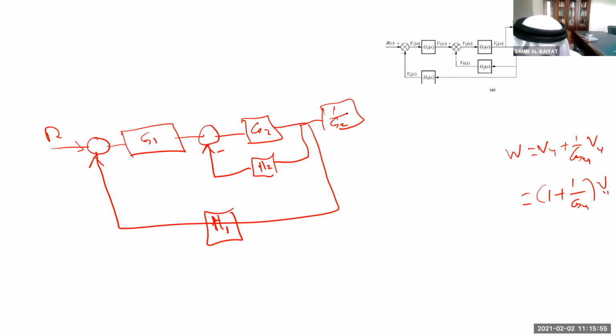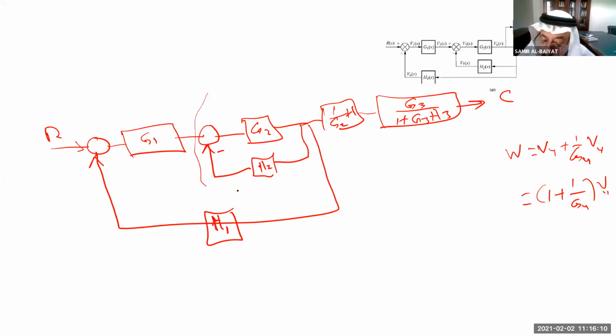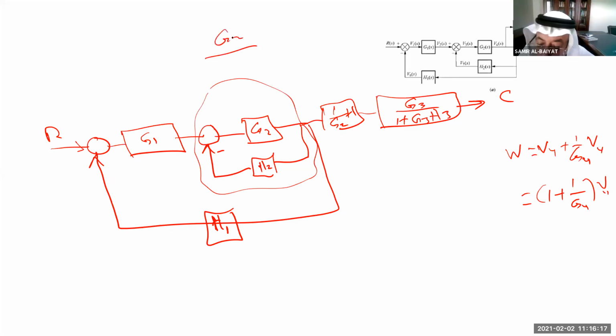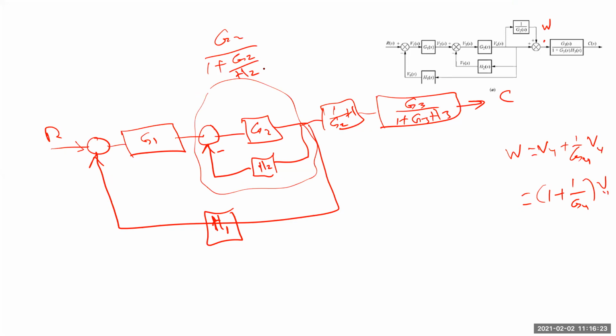We said plus 1 times the last one, which is G3 over 1 plus G3 H3. What will this one be reduced to? G2 over 1 plus G2 H2. Then you multiply it by G1, and then you do the feedback again.